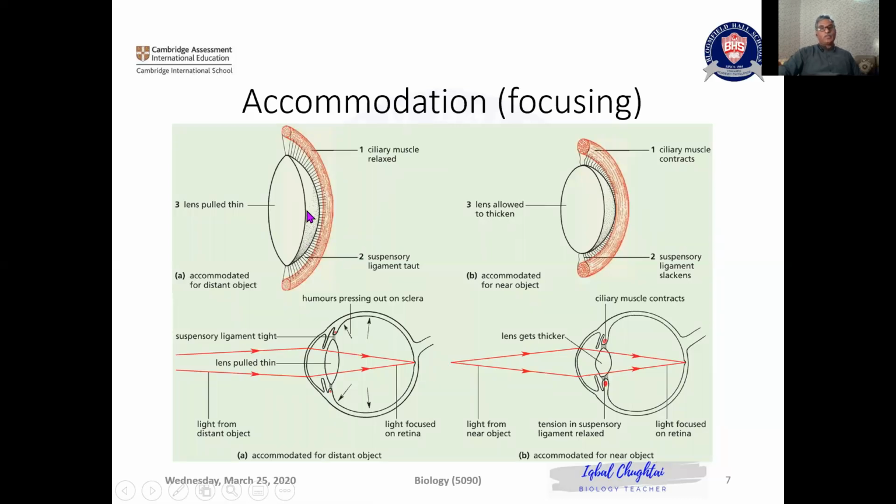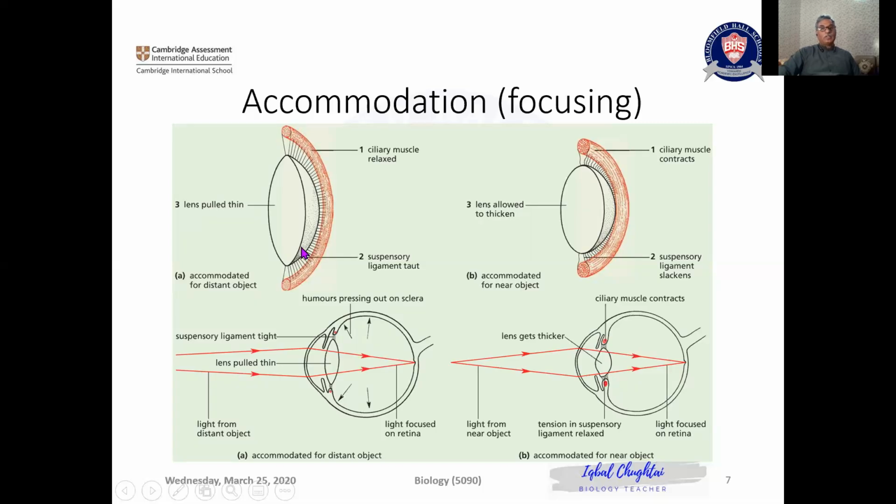When we are observing objects that are far apart from us, meaning distant objects, the light rays coming from them are to be focused on the fovea. For that purpose, the lens needs to be thinner. In that case, the ciliary muscle relaxes. When it relaxes, it expands outward, so it stretches out the suspensory ligaments, and they become taut.